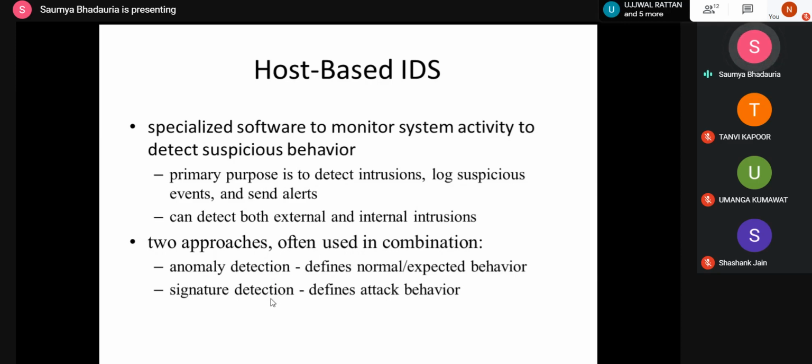Such a case is referred to as misuse detection. The drawback with signature or heuristic detection is that it can only help in identifying known attacks. So you cannot identify newer attacks or zero-day attacks. Clear? Any doubt?